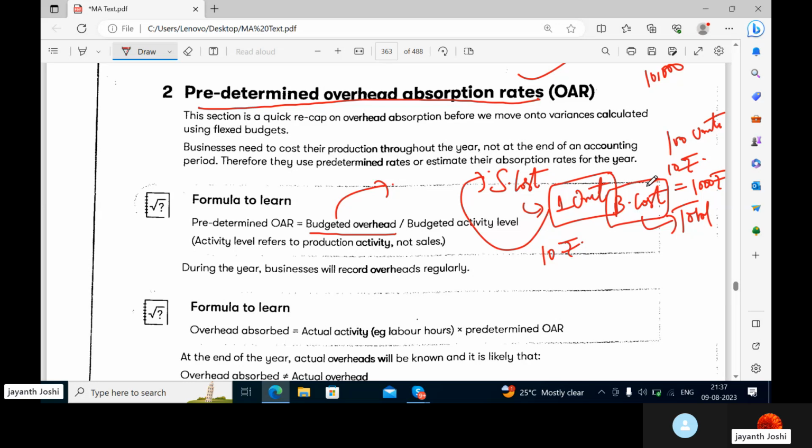So if you take the cost per unit, we give it the name standard cost. Pre-estimating the cost of 1 unit of product is standard cost. Pre-estimating the cost of the total units you are going to make is called budget cost, correct?